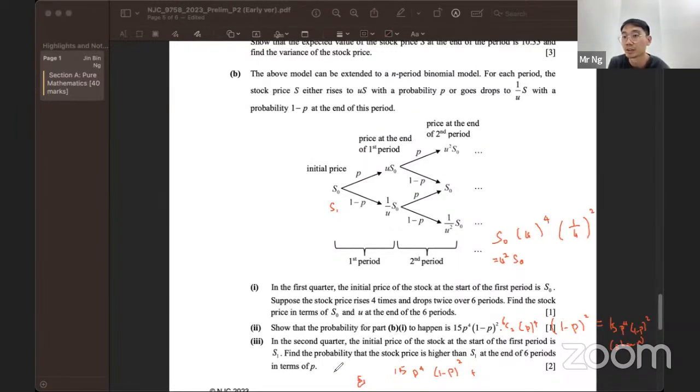Then 5 increases or 6 increases. Looks like a binomial to me.